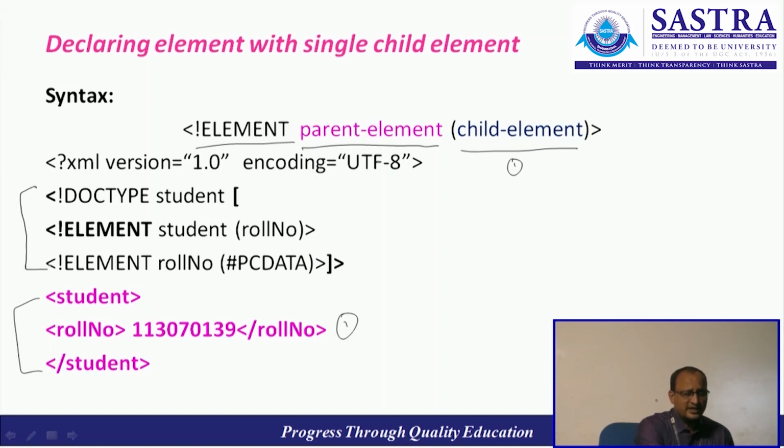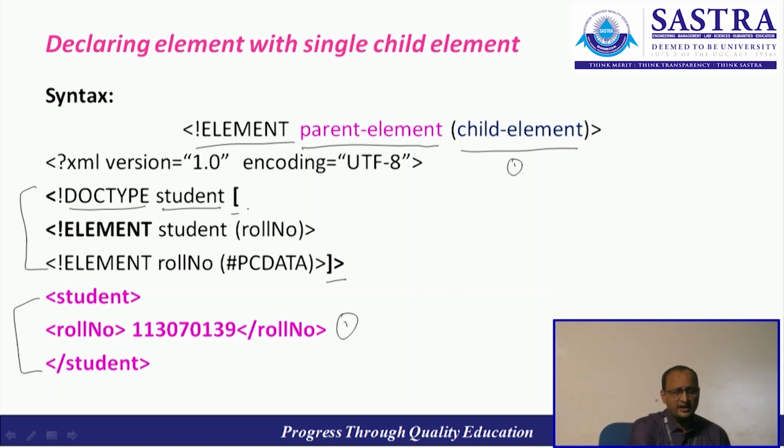This is an internal DTD, declared within the XML document, so it is called internal DTD. We start the internal DTD as well as external DTD with the keyword exclamation DOCTYPE, space, the root tag name, opening square bracket and closing square bracket, as well as the angle bracket to close the DTD.